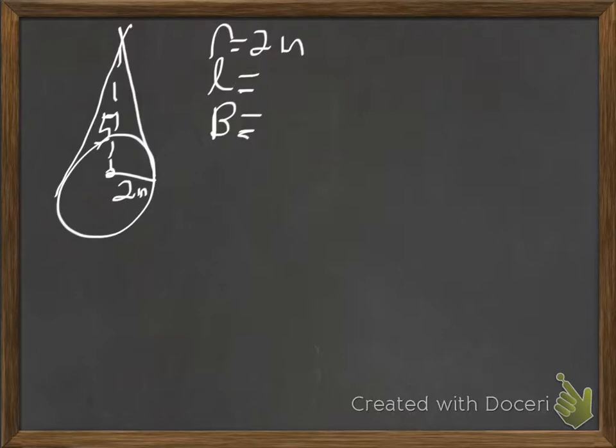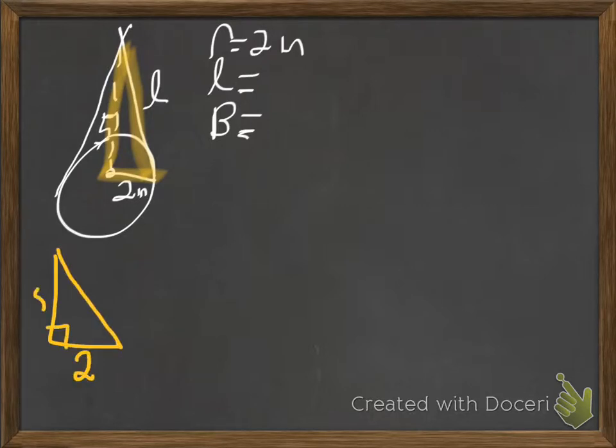So that is the vertical height of the figure, the distance from the center of our base up to the point. And we need to know what L is. We should see that this little cross section forms a right triangle, with sides 2 and 5 and L. So we need to figure out what the slant height is.